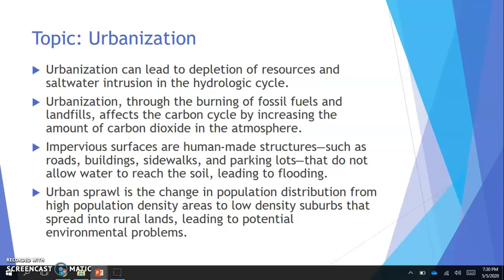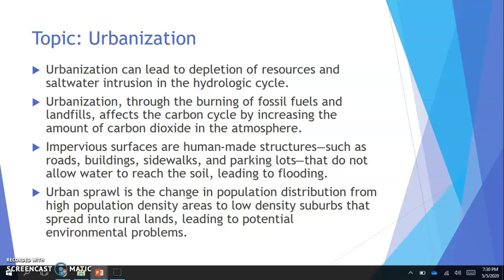Through the burning of fossil fuels and landfills affects the carbon cycle by increasing the amount of carbon dioxide in the atmosphere. So think about machinery being used to build houses, just industry in general. Also, people living in suburban areas, driving to work, driving their cars a long way, are burning fossil fuels and emitting CO2 in the atmosphere.